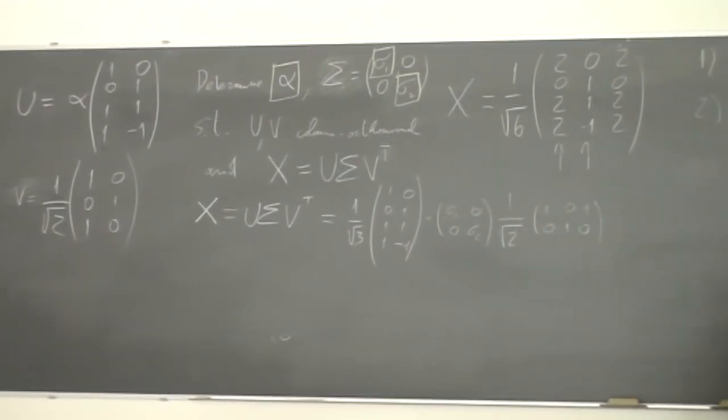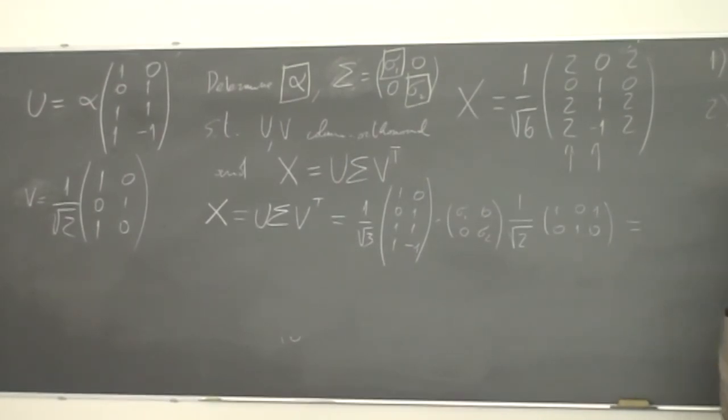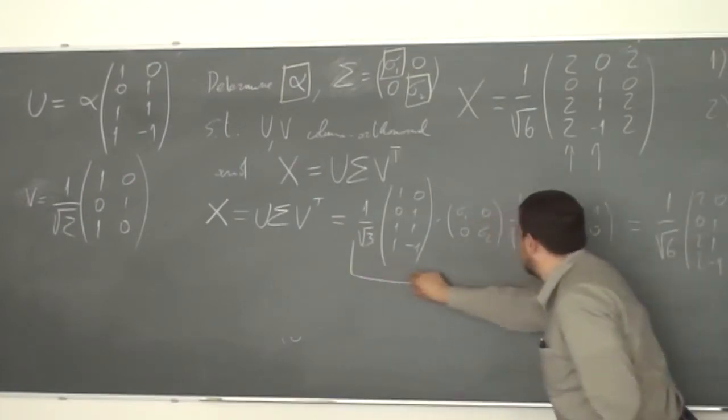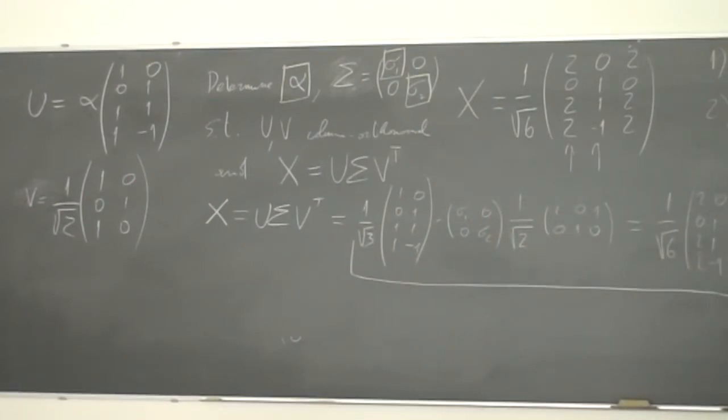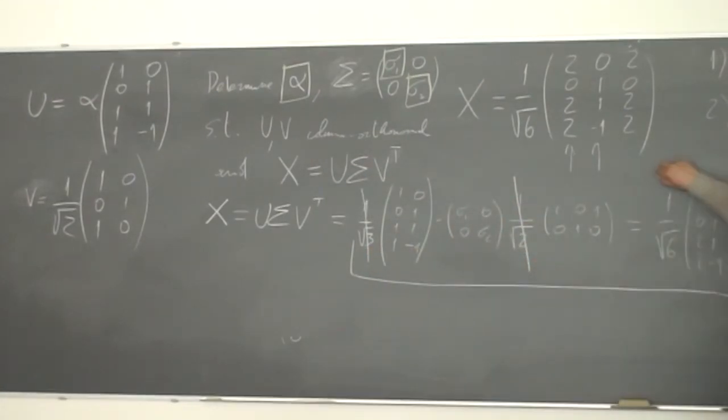We want this to be equal to X, where X is 1 divided by square root of 6, 2, 0, 2, 2, 0, 1, 1, minus 1, 2, 0, 2. We want to find sigma 1 and sigma 2 so that this equality holds. In this case, we can throw away square root of 3 and square root of 2, which simplifies with square root of 6.